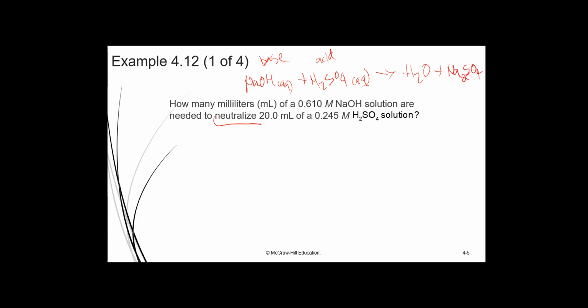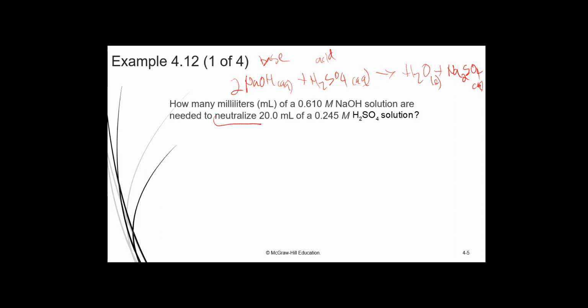And if we make that as a compound, that should be two of them. That's aqueous because it's definitely soluble. Water is a liquid. So now we need to balance that out. So we should have 2 NaOH to every 1 H2SO4. And that's why we have to make that chemical equation, because they're not equal to each other. We need twice as many of them.